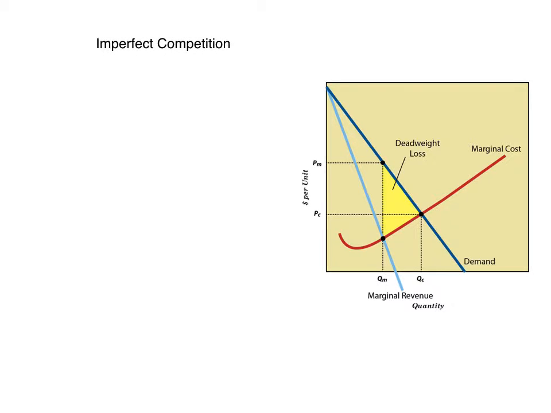So here's imperfect competition. Here we have a slide, and if you took microeconomics, you'll realize that this is a slide that most likely looks at something called monopoly. So what is imperfect competition? It's not perfect competition, and it's resulting in a price and a quantity that is not indicative of many buyers and many firms.